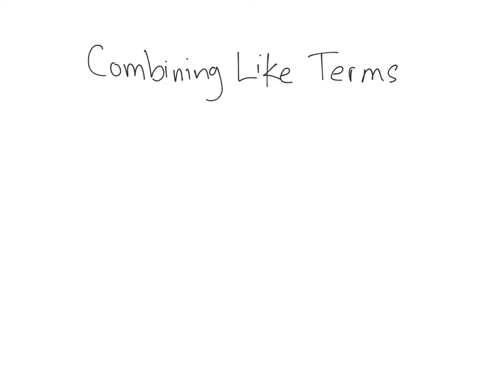Before we start looking at equations with like terms that need to be combined, let's just look at some expressions with multiple x terms and multiple number terms that need to be simplified in order to make the equations later on down the road easier to solve. One example of that would be if I had 2x plus 7 plus 5x minus 3x plus 11.